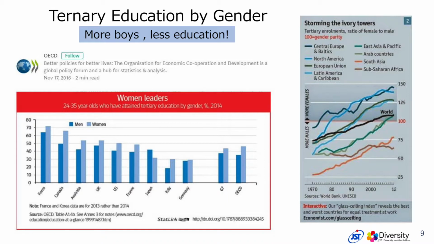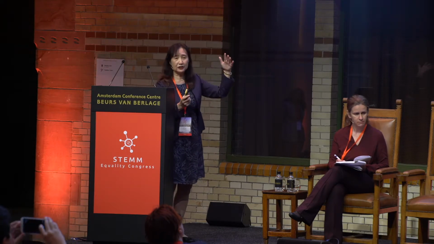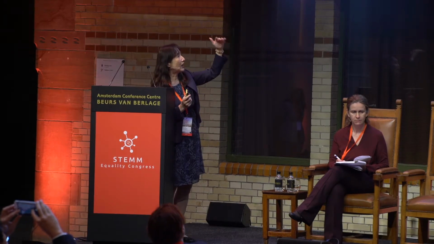Look at the orange line, 100. 100 means equal opportunity between boys and girls at tertiary education. Higher than 100 means that more girls take tertiary education than boys, and lower than 100 means that more boys take tertiary education than girls.